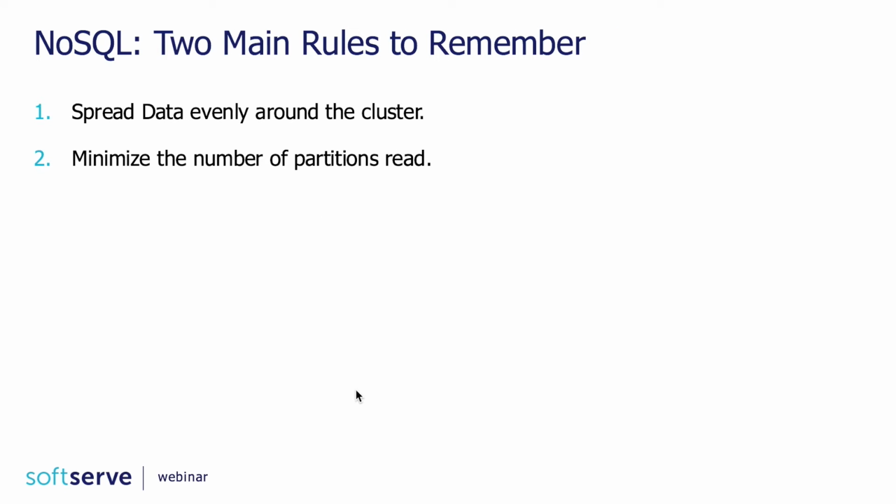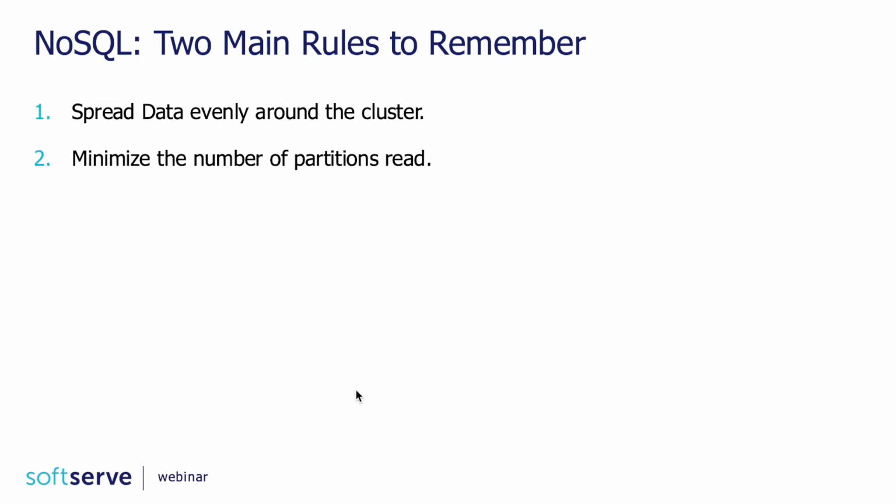And there are two main rules in NoSQL to remember. The first one is that you really need to spread data across the cluster. If you have 10 nodes, 20 nodes, 100 nodes, 1000 nodes, you really want to spread the data evenly across this cluster, which will give you the biggest scalability and performance. And the second is that you need to minimize the number of partitions to read.